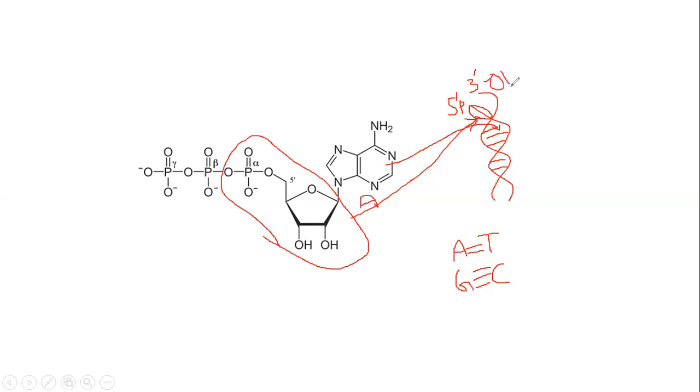So if it is a single strand of DNA, it will be a 5 prime phosphate group and a 3 prime hydroxyl group.